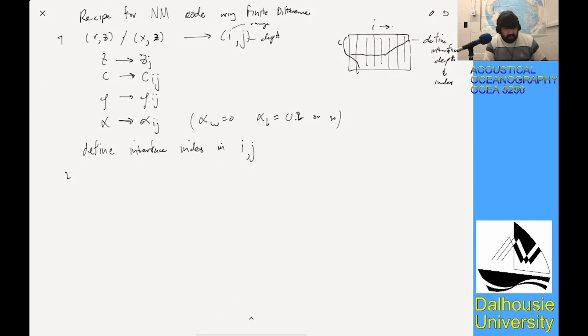Step two, make A and add the interface term. Okay. Step three, solve the eigenvalue problem.